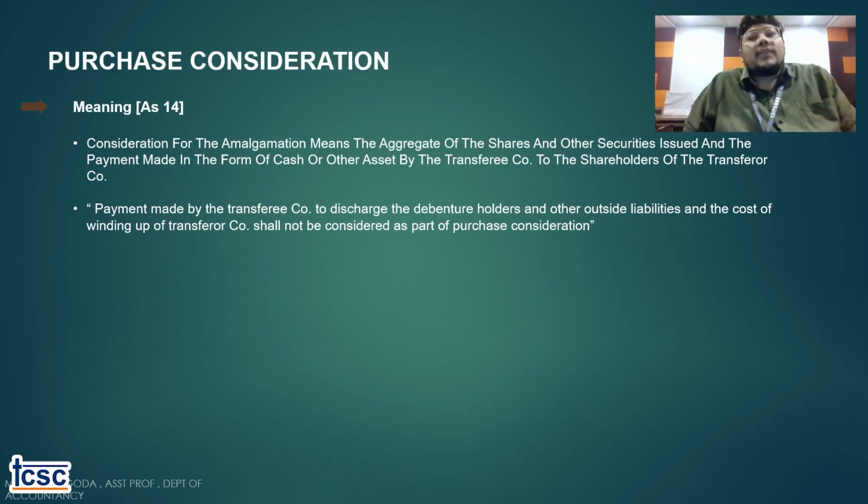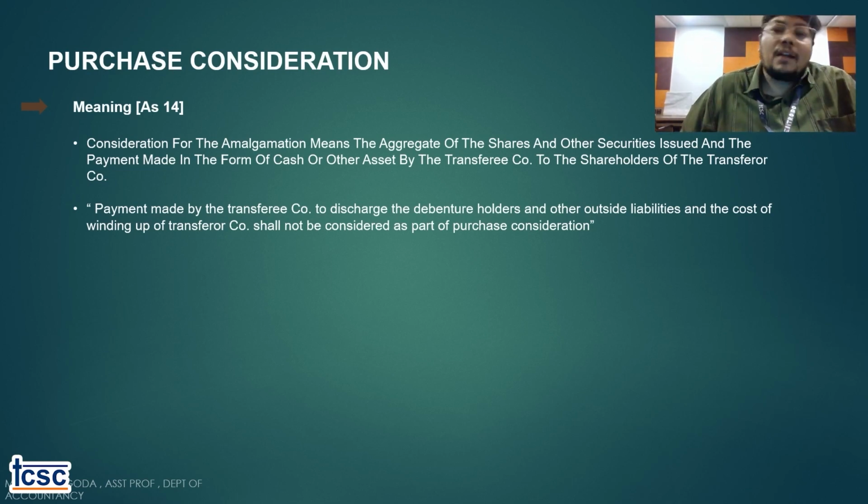Transferee company and transferor company, we will take a very simple name for them: a vendor company and a purchasing company. So the payment which is made by the purchasing company to the vendor company is consideration.